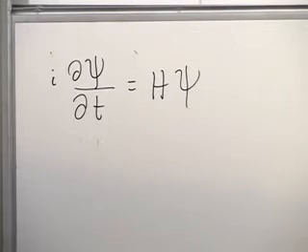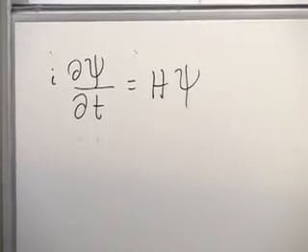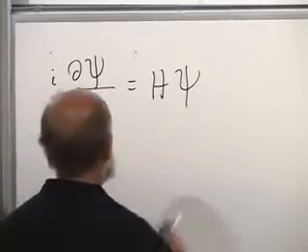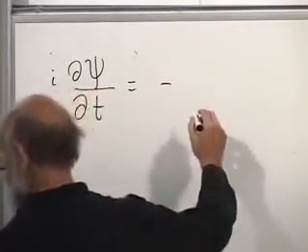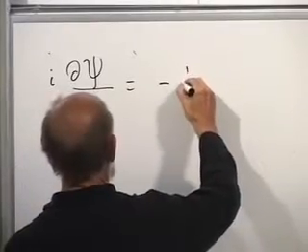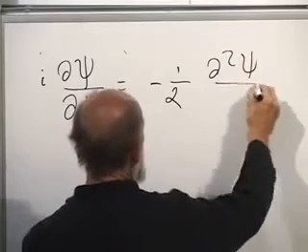Yeah, there's a sign difference between momentum. Yeah, that's right. i d psi by dt is equal to H psi. And now we can substitute this. We can substitute this, and let's do so. Minus 1/2 d second psi by dx squared.